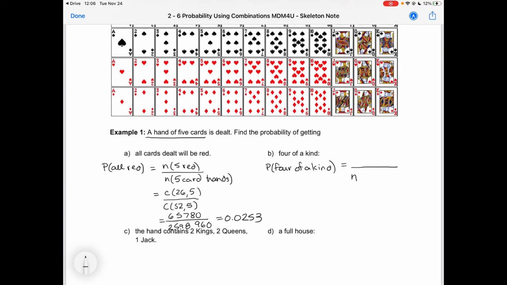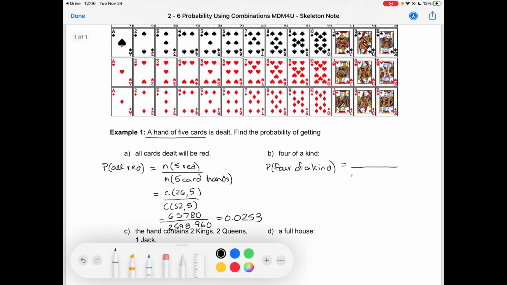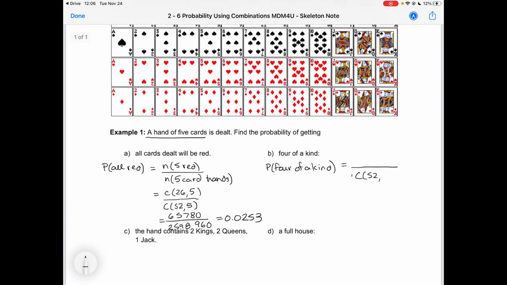We are still choosing 5 cards, so our number is the same as before. We would have 52 choose 5, but our number of ways that we can get 4 of a kind is there are 13 possible hands that are 4 of a kind.